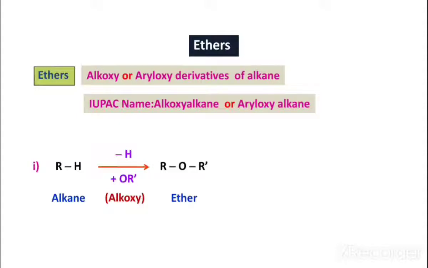That means these are represented by the general formula ROR dash, where R may be an alkyl or aryl group, and the oxygen atom is always attached to two carbon atoms in ether. The functional group of ether is the carbon-oxygen-carbon linkage, which is called the ether linkage.